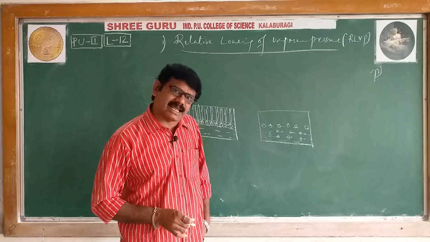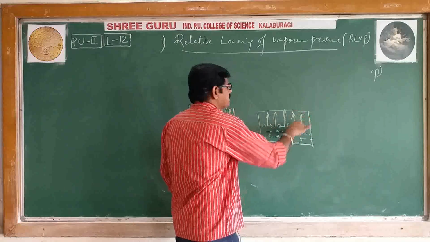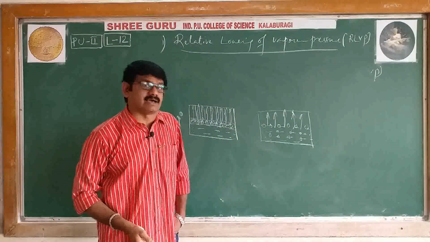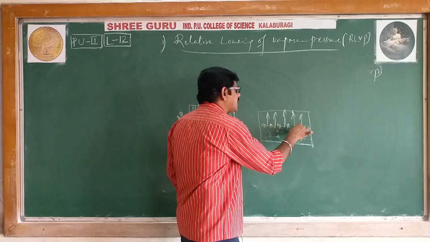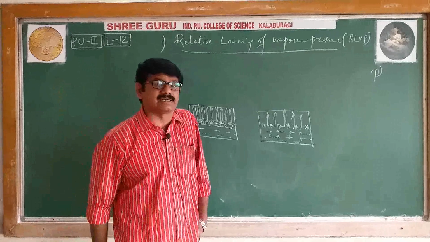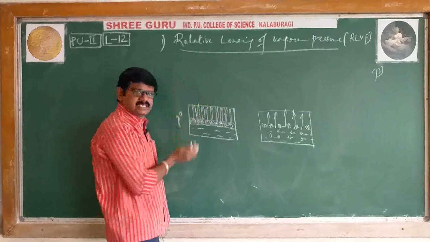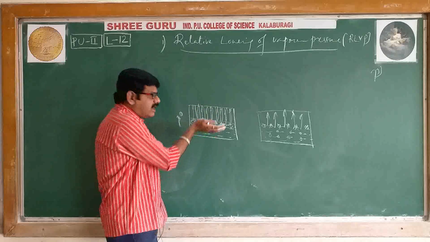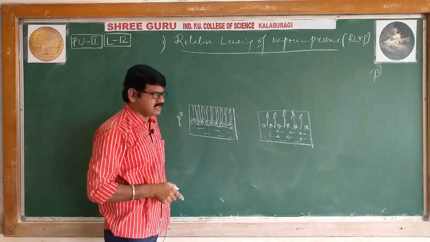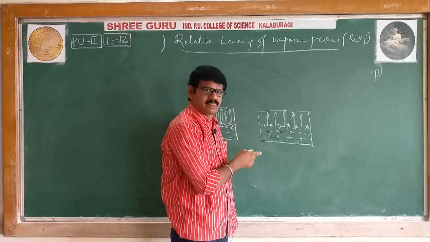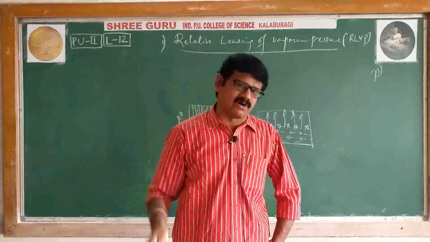Because of that, evaporation tendency decreases, because only a few molecules are evaporated. These non-volatile solute particles will not evaporate. There, all molecules are evaporated, because it is a pure solvent, and all molecules are exerting pressure. But here only a few are evaporating. Only pure solvent is evaporating. Non-volatile solute is not evaporating.